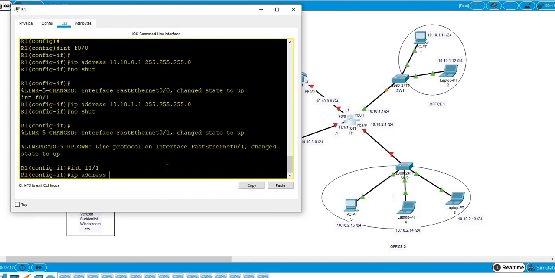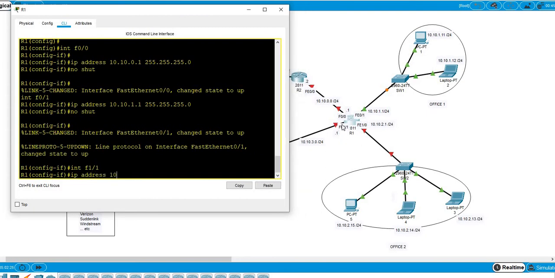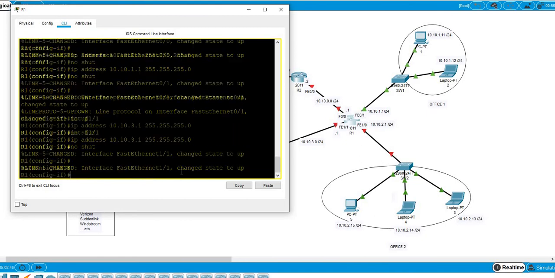What's the IP address on this interface? We have 10.10.3 and then .1. So 10.10.3.1, /24 subnet mask. No shut.